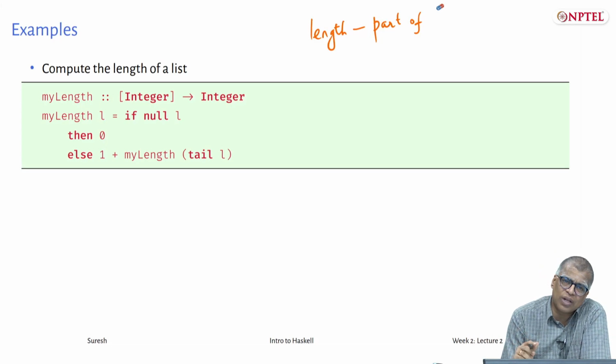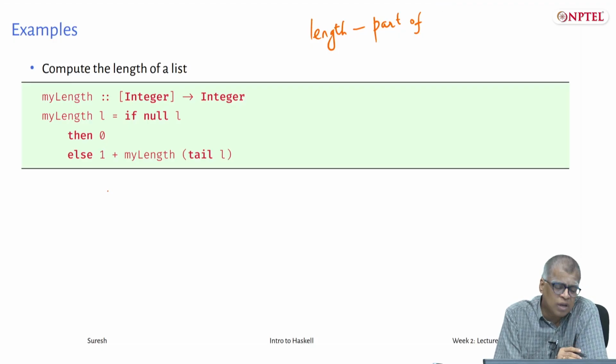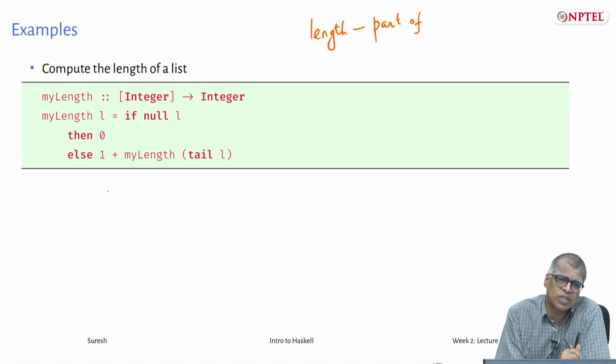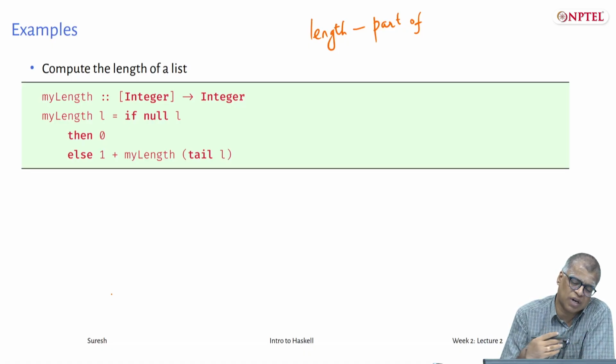To avoid all this, when we write small programs like this just to learn Haskell, we will sometimes reprogram some built-in functions, but we will call them using a different name. The typical strategy is to use my and then whatever the function is, my length, my GCD, etc.